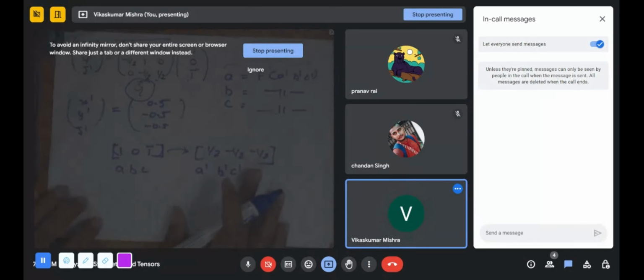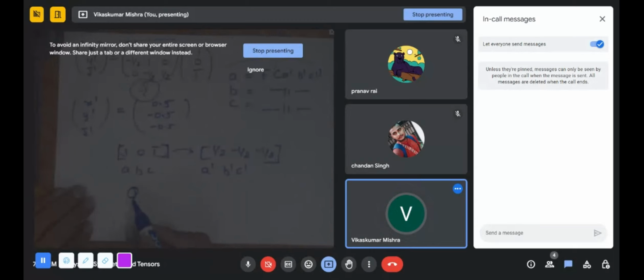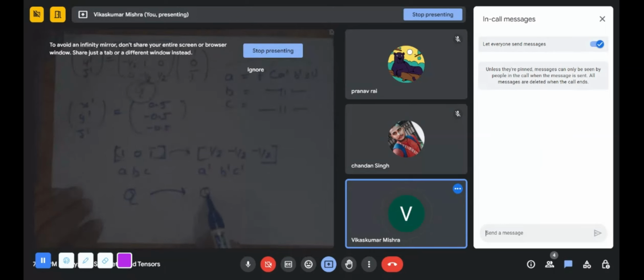But for the real space it was Q, and for the reciprocal space it will be Q star. We also need to know the transformation matrix, right? Which will do the magic for us to convert a particular Miller indices from one basis to another basis.